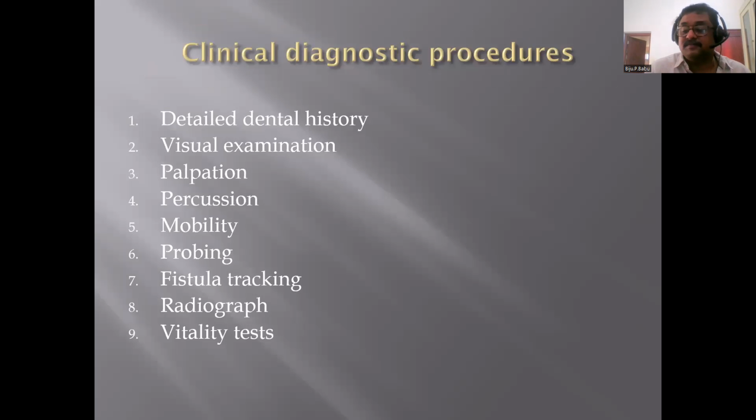Now, coming to the clinical diagnostic procedure, first and foremost, a detailed dental history or a detailed case history is very necessary to have a proper diagnosis of this endo-perio condition. So when you take a dental history, the patient will communicate to you what was his chief complaint.